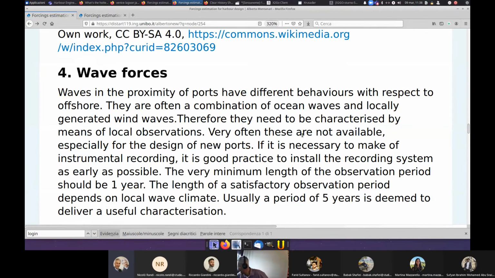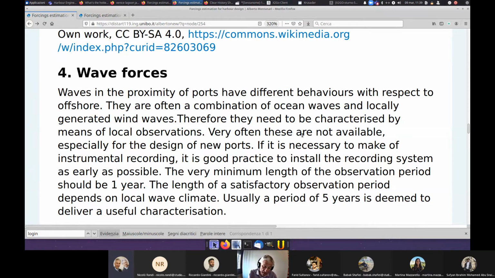Okay, now the next chapter is wave forces, and this is another important forcing for designing piers, berths, and also mooring points. We discussed wind forcing, and wave forcing is generating a comparable forcing.